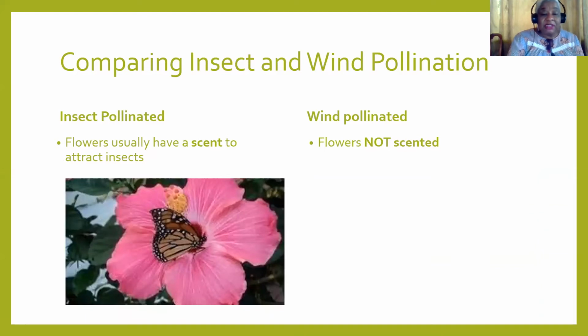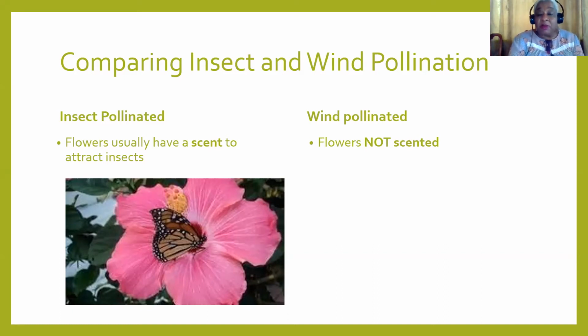Flowers usually have a scent to attract insects, and we have bees, we have butterflies, and also ants. Yeah, ants. Birds, such as hummingbirds, also pollinate. So even though we are saying insect pollinated, maybe we should actually say animal pollinated, but same thing, the same features apply, birds and insects.